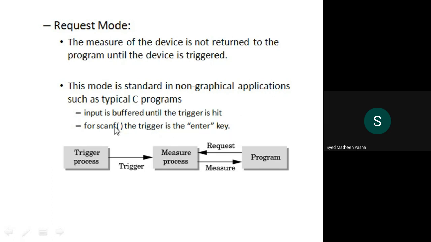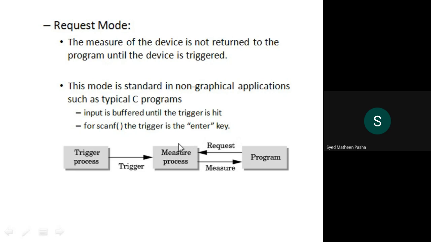In your C program, once you give the printf, you wait for the keyboard to enter the input, that is the scanf part. After scanf also, if you press enter, only then will it go to the logic part, the control. Similarly, this is how request mode works.